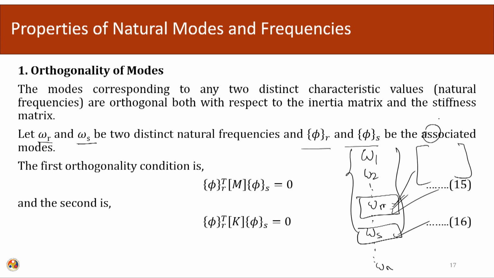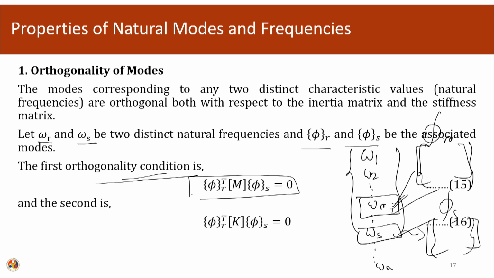So, for omega r we choose phi r, and for omega s we choose the corresponding mode shape phi s. So, the first orthogonality condition is, if we multiply the mass matrix with the mode shapes of two distinct natural frequencies, then that value is going to be 0.